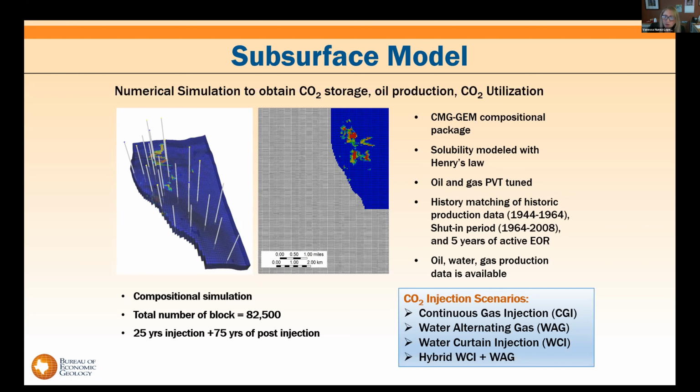And we modeled also water curtain injection, where water is injected in the perimeter of the intended EOR surface area to make sure that the CO2 is contained within the specific subsurface volume. And then we modeled a hybrid scenario that is a water alternating gas CO2 injection with a water curtain in the perimeter.